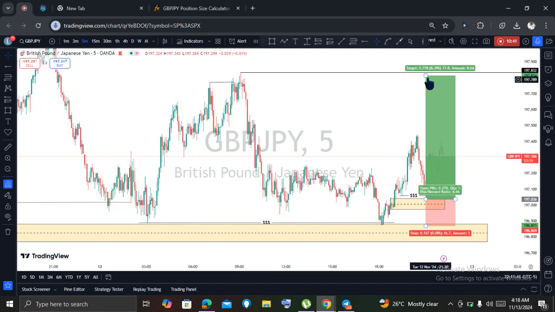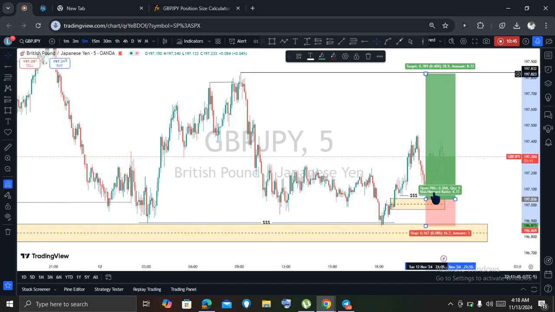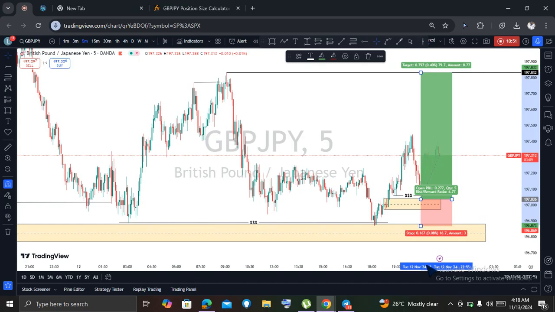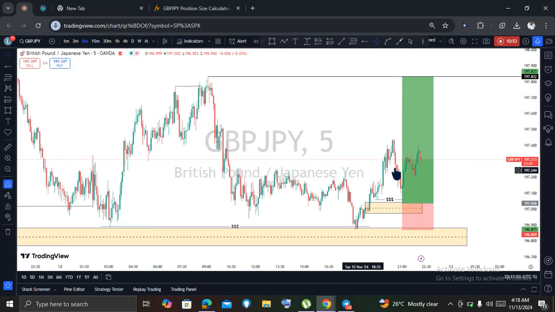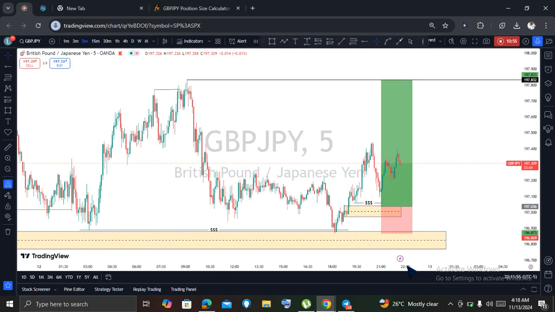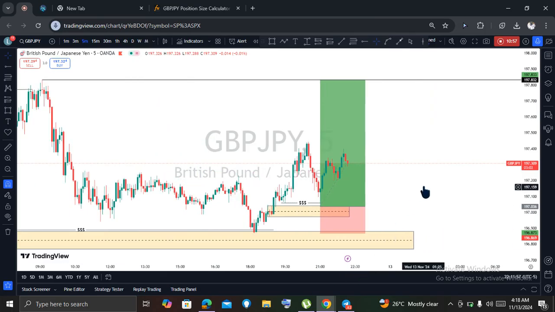For 4%, 4.78, 7%. So that's the normal mechanism around this trade.